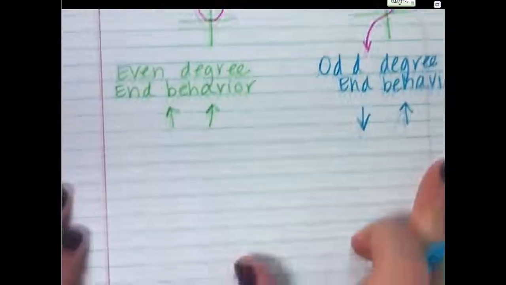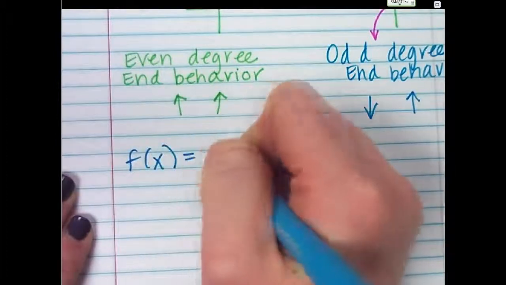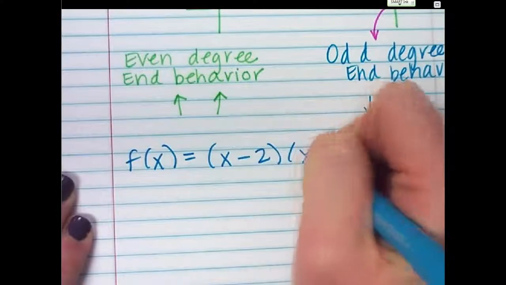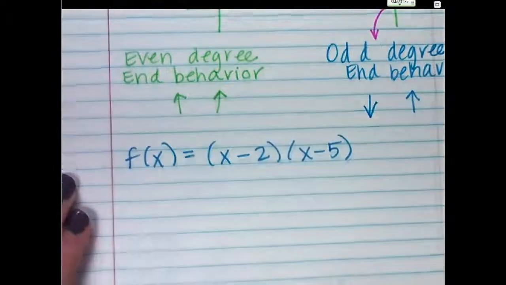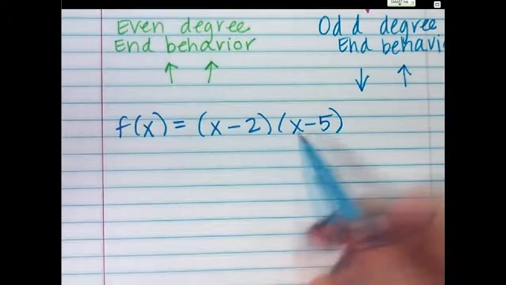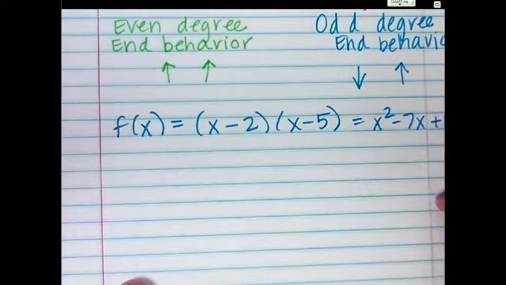Okay, so let me go back to this before we do a big one. Let me go back to just a regular x squared. The one I had up there was what? X minus 2 and x minus 5. So if I multiplied that out, I would get the one that I had up on the board.